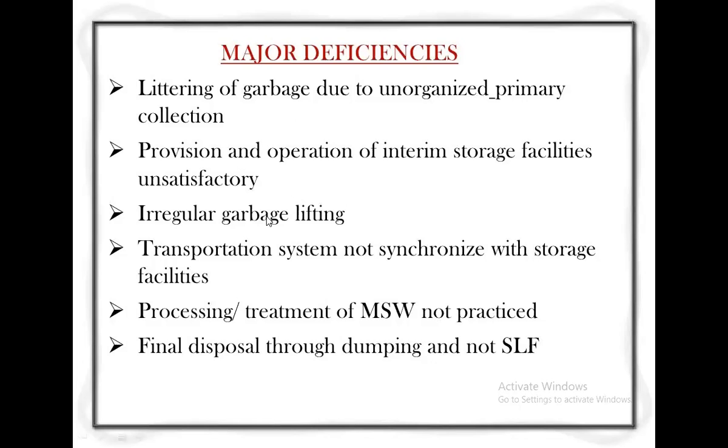Major deficiencies: littering of garbage due to unorganized primary collection, a deficiency in solid waste management for the collection of garbage. Provision and operation of interim storage facilities is unsatisfactory. The storage facilities for the solid waste are unsatisfactory.